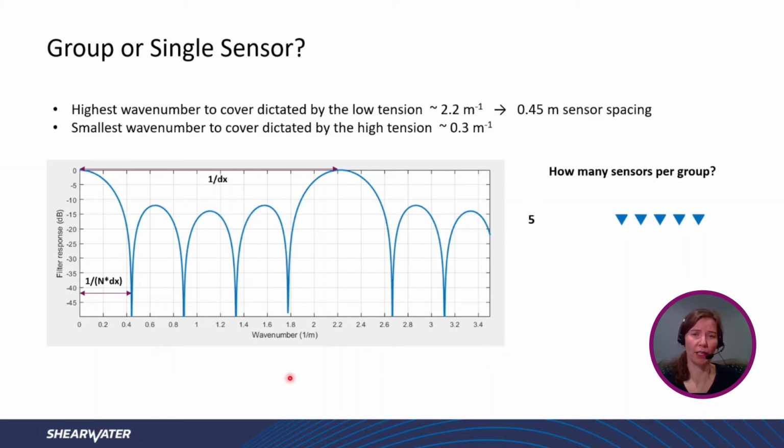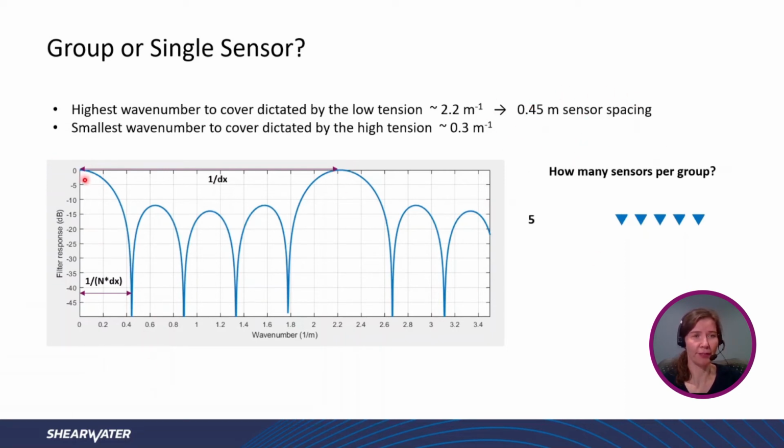In this plot, we can see the group's response, the horizontal axis being wave number and the filter response being on the vertical axis. You can see the Nyquist is hit at 2.2 because this is how we put our sensor spacing.